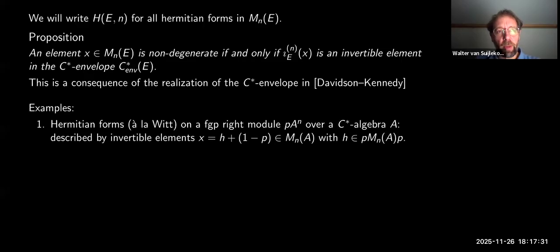Okay, so let's look back at what we may have then. So first of all, we have Hermitian forms on finitely generated projective right modules.